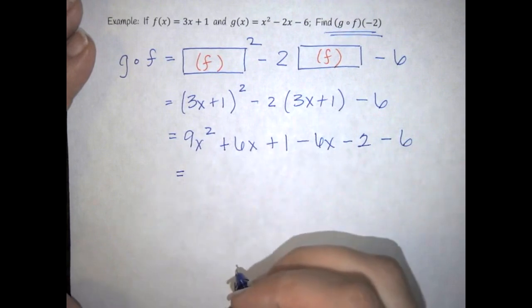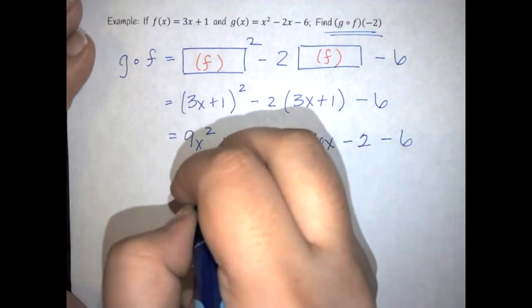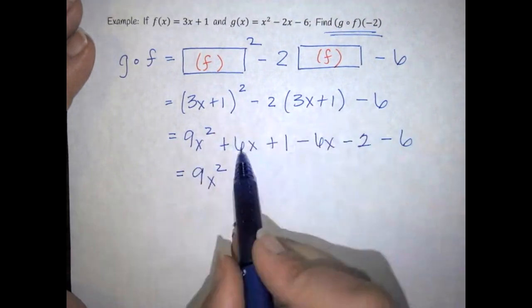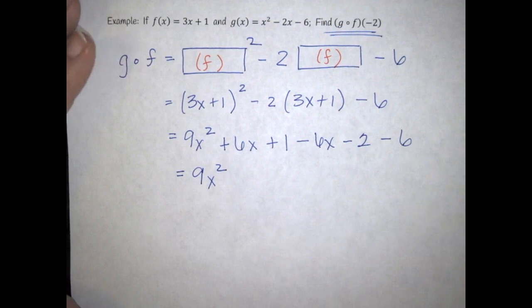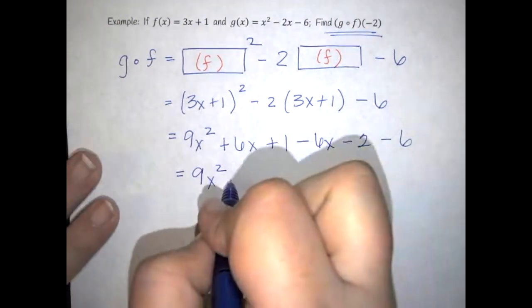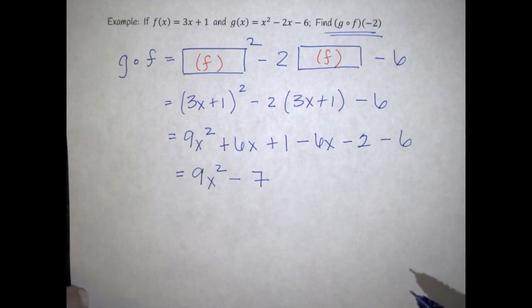So when we do that, we've got my 9x squared. 6x minus 6x means it goes away. And then we have 1 minus 2 minus 6, so that is a negative 7. So minus 7. And so that is going to be g of f.